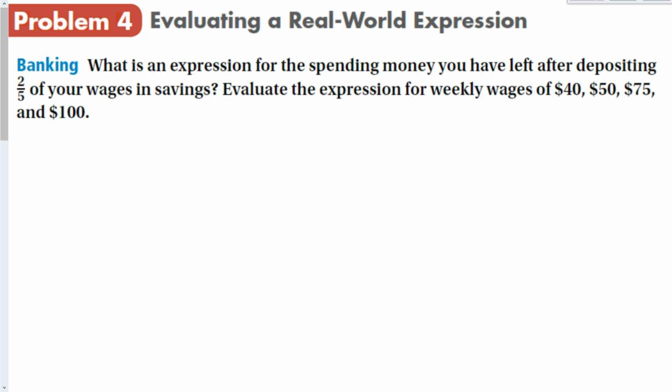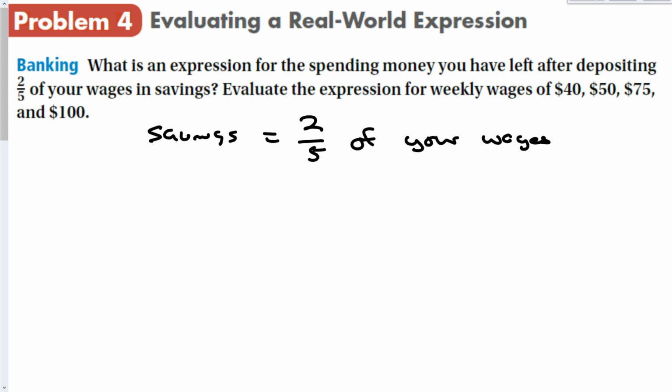Okay, so we're going to have to figure out what we know, what we need, and then come up with a plan. So what do you know? You know that savings is equal to 2/5 of your wages. Okay, well, that's good. So we're going to need some sort of expression that represents this situation.